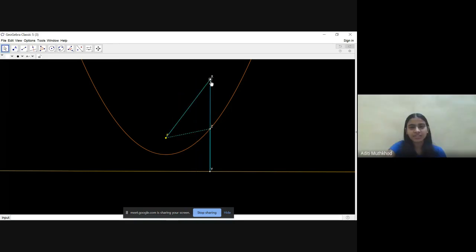Okay, so this is for x inside, and what if x is outside? So yz is still equal to xz, and you have to compare xf and xy, and you can write xy as zy minus xy.